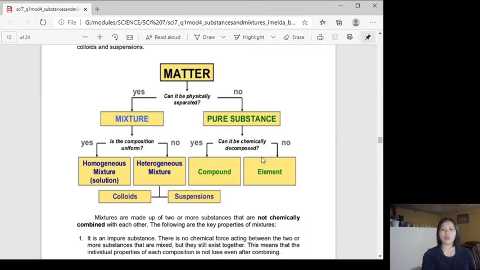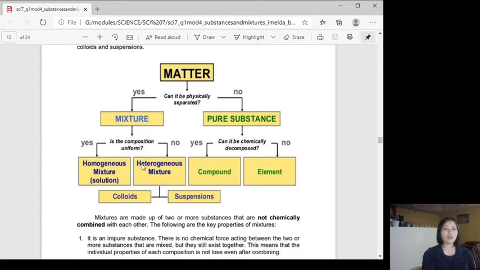And then if you are going to combine an element plus another element, for example, sodium plus chlorine is equal to a compound which is called our table salt or the salt. Those are the two categories of pure substances.